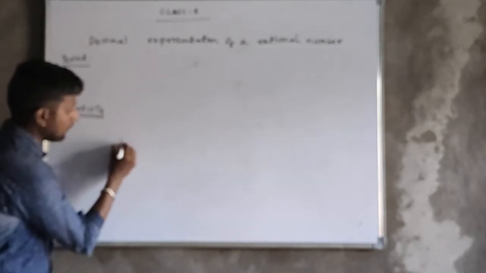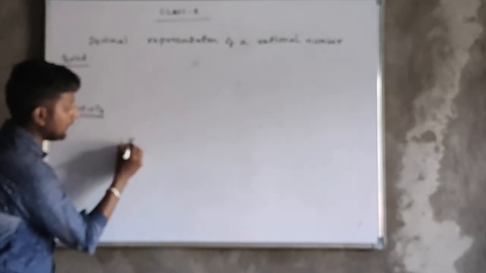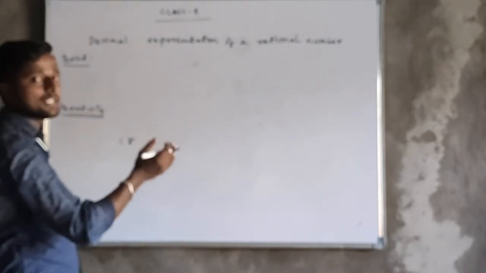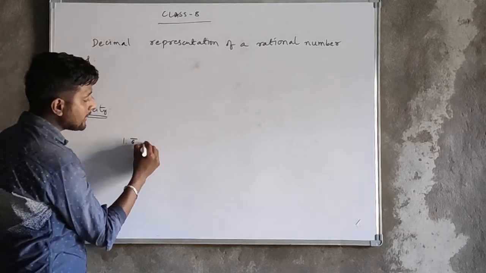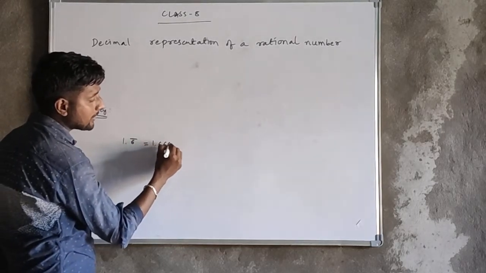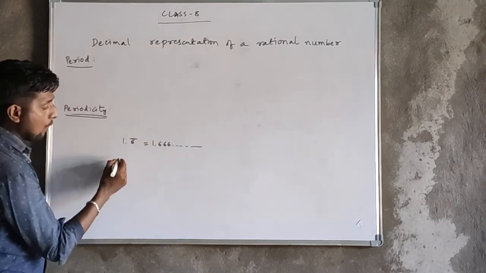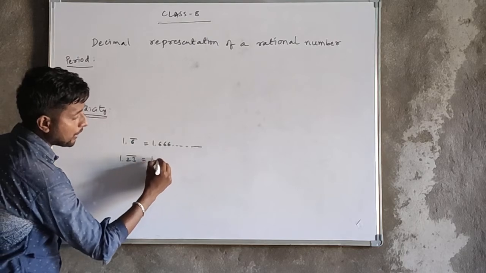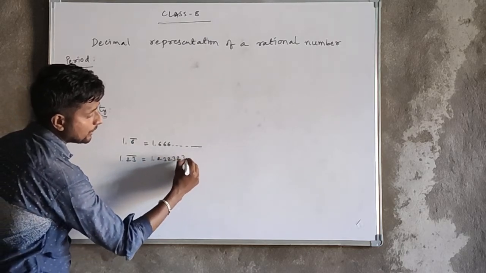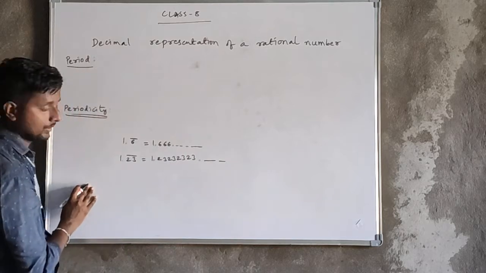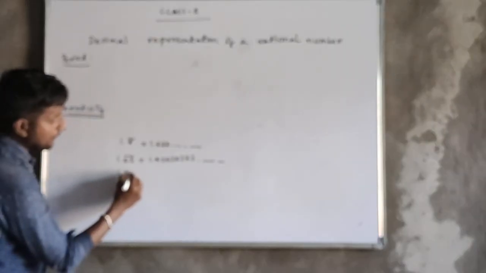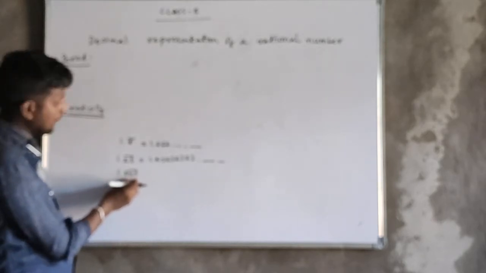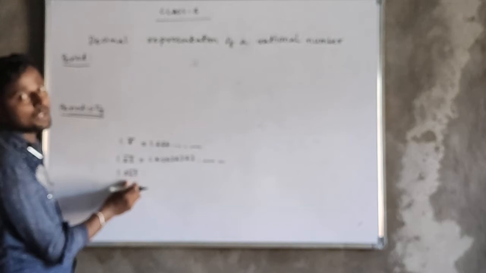Look at 1.6 bar. If any digit or set of digits is represented with a bar, that means the digits will repeat. So 1.6 bar is nothing but 1.6666666, and so on. 1.23 bar: if I write 23 bar, I can write 1.23, 23, 23, 23, and so on. 1.343 bar: after the decimal we have 3 digits, but the bar is only over 2 digits.